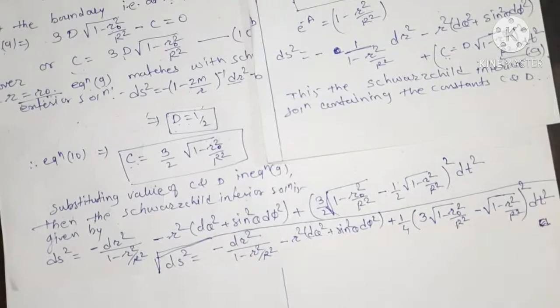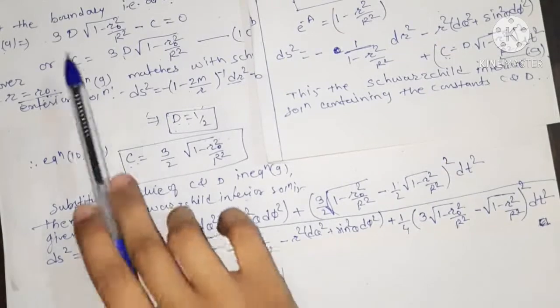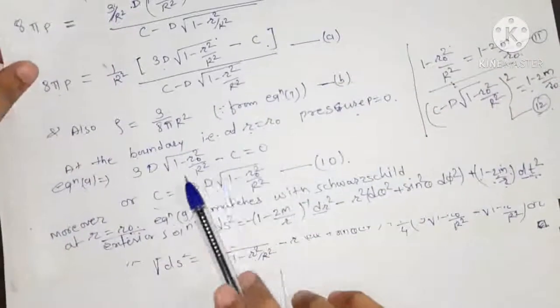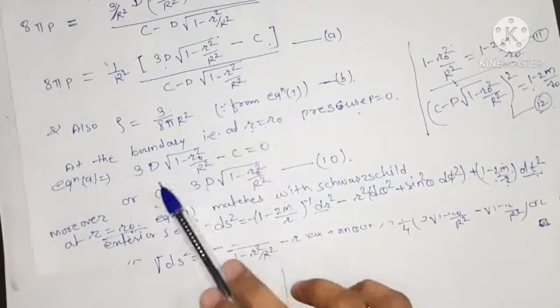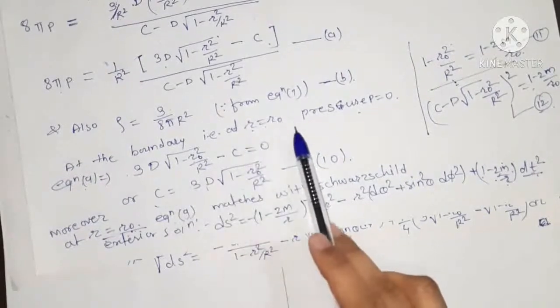Okay. So thank you everyone, and remember that we used the boundary condition to find the values of C and D, that is at r equals to r0.